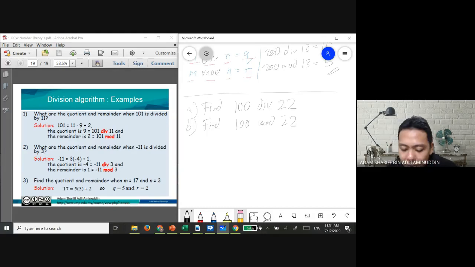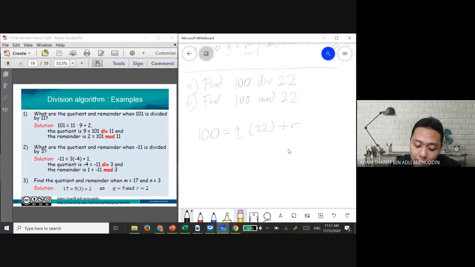Maksudnya kalau kamu nak cari quotient and kamu nak cari remainder yang betul, kamu kena letak dia dalam bentuk division algorithm form, which is Q times 22 plus R. And because 100 equals 4 times 22 plus 12, therefore 100 div 22 equals 4 and 100 mod 22 equals 12.